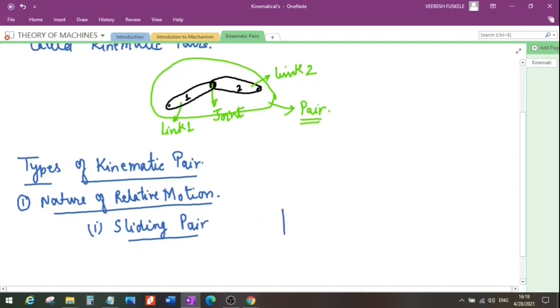So let me show you this by a diagram. Suppose there is a rectangular hole in a rectangular box or a prism, and there is a rectangular rod which is sliding inside the rectangular hole of this prism. Let me draw this.